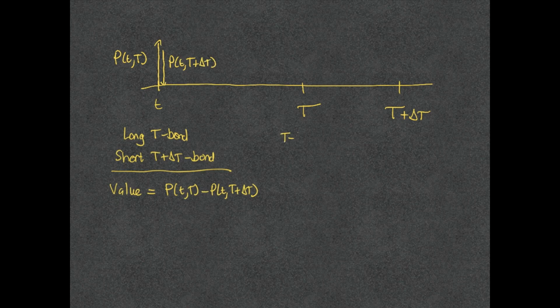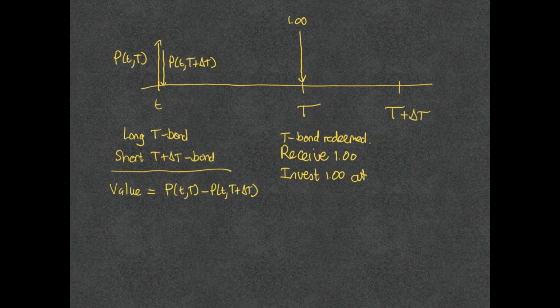Now at time capital T, the T bond that we own will pay us an amount of 1 unit of currency. We take that unit of currency and we immediately invest it at the then prevailing spot rate. So 1 comes in and 1 goes out, leading to a net cash flow of 0 at time capital T.